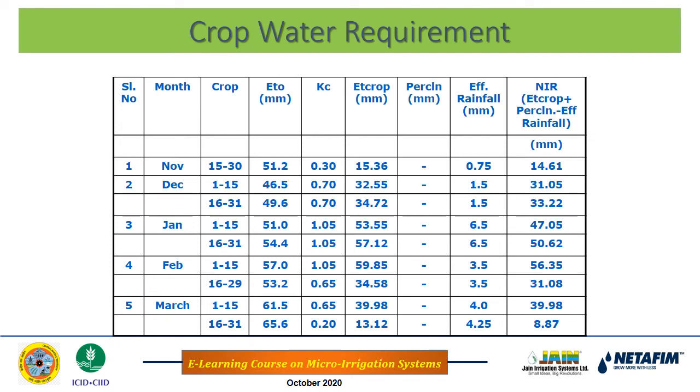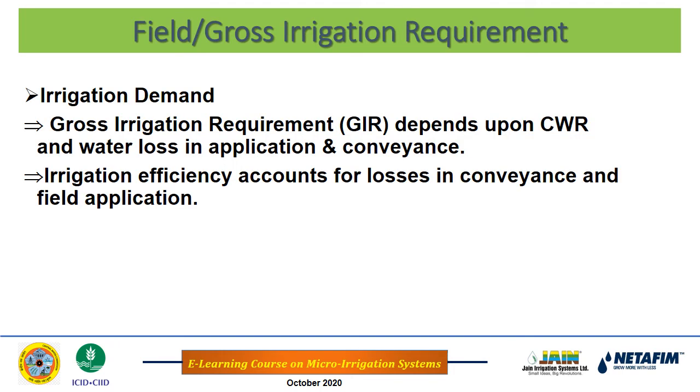Then we have to consider what are the other losses, because these were all net irrigation requirements. If we add losses to them, losses could be in application or conveyance, then we will be able to find out the gross irrigation requirements. Irrigation efficiencies account for losses in conveyance and field application.